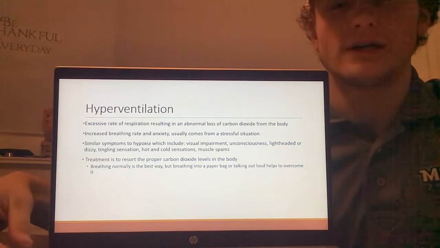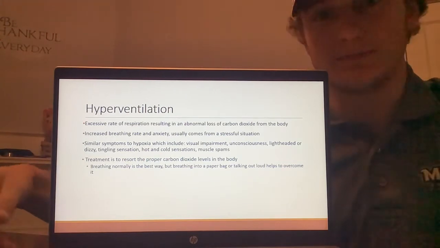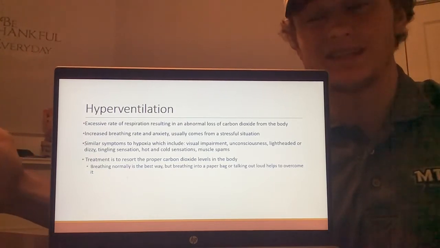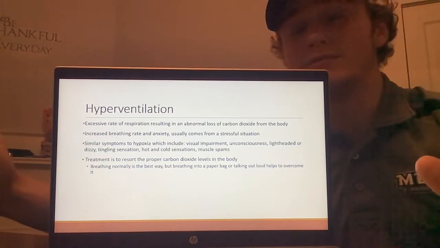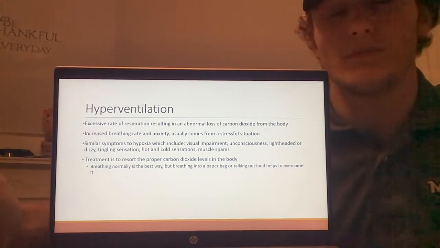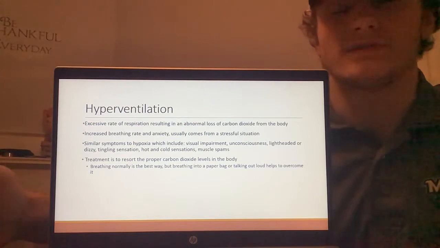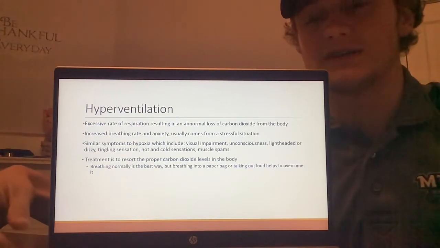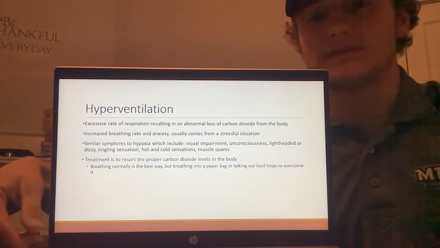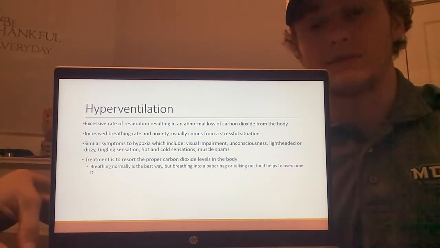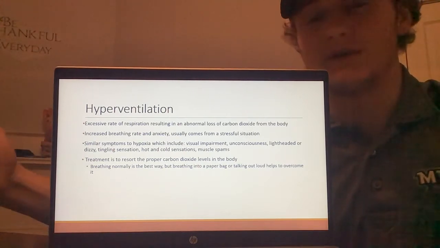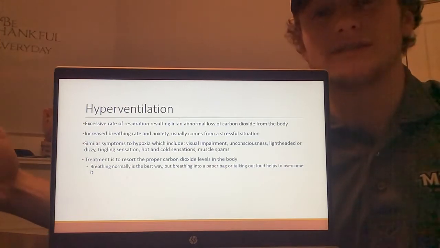Usually people that experience this will have an increased breathing rate, as well as an increase in anxiety, usually because it comes from a stressful situation. Pilots flying in the majors are even susceptible to this, because if they experience a stressful situation, they can have an increased breathing rate. Especially a passenger can be really susceptible to this.